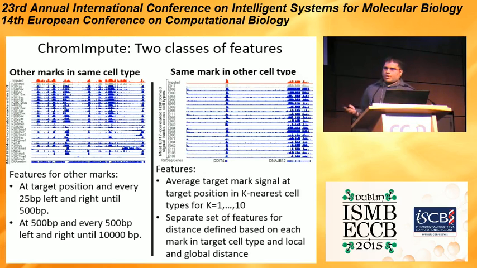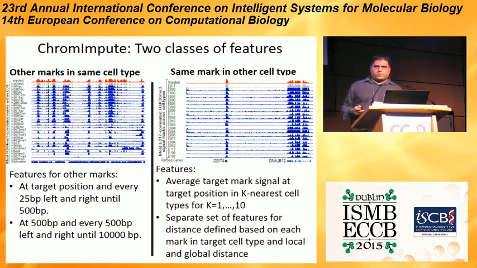And then what we also have that's quite informative in cases is information for that same mark and potentially many other relevant cell and tissue types, because we have this large compendium now based on the efforts of these consortium activities. In particular, we represent these features as the average of the mark signal in the K-nearest cell or tissue types.